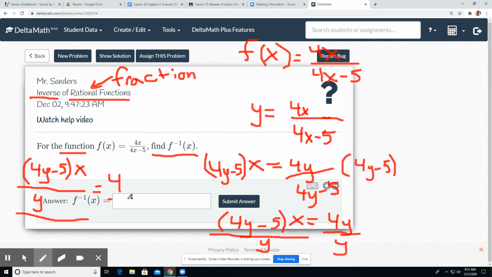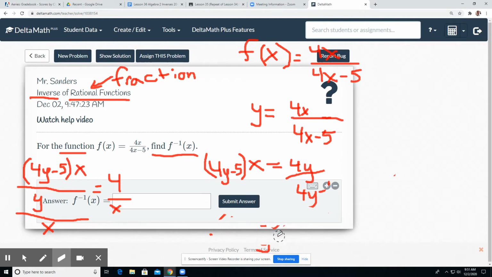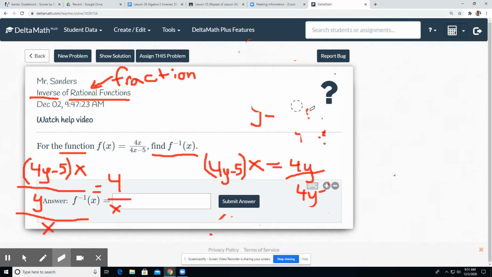Divide both sides by x, and this x and this x cancel. I need to start clearing some room. A lot more work than I thought it was going to be on this one. It's okay. Be nice if we just erase a big block, but that's fine too.